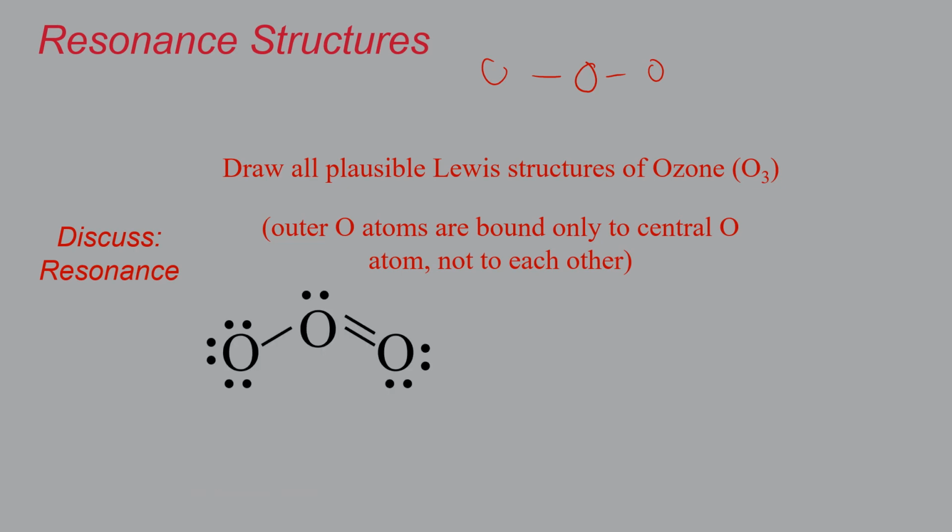All right, hopefully you came up with a Lewis structure that looks at least something like this. So you've got one oxygen-oxygen double bond, but you can't make two of them because at that point you'd be breaking the octet rule.